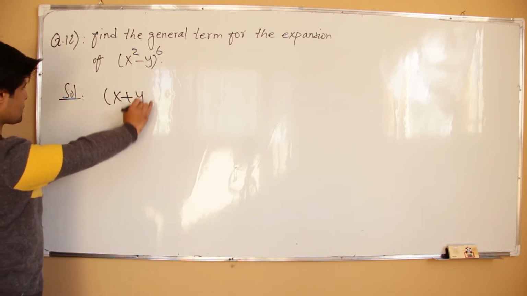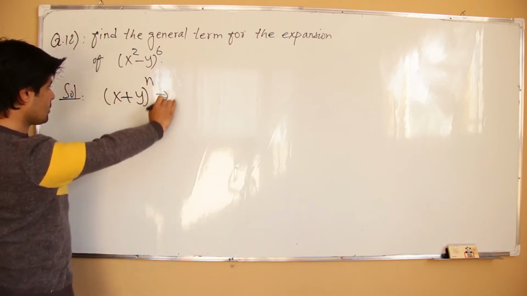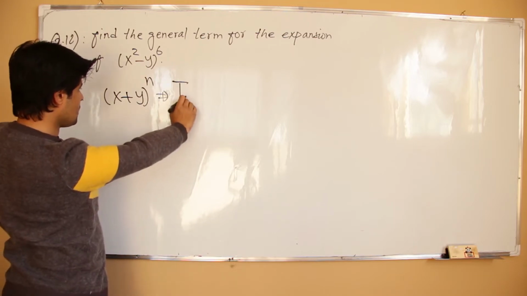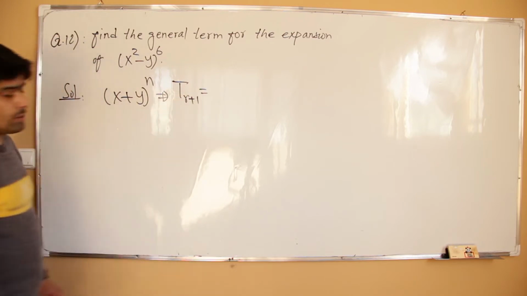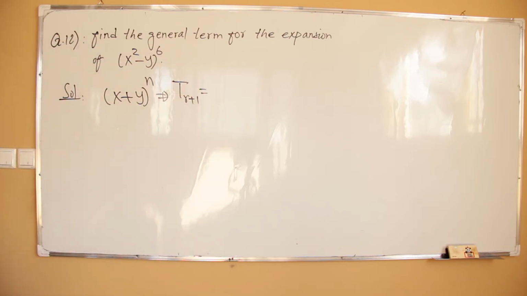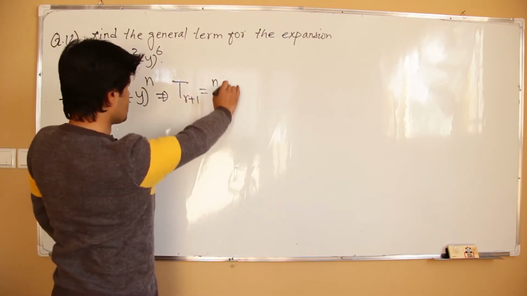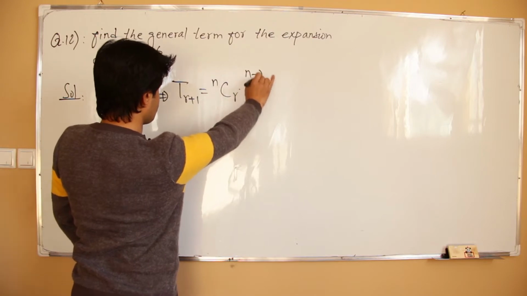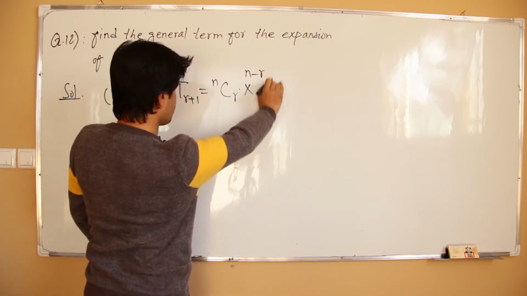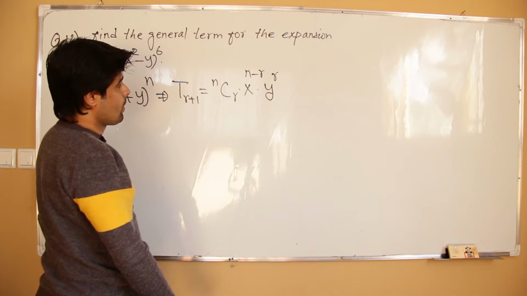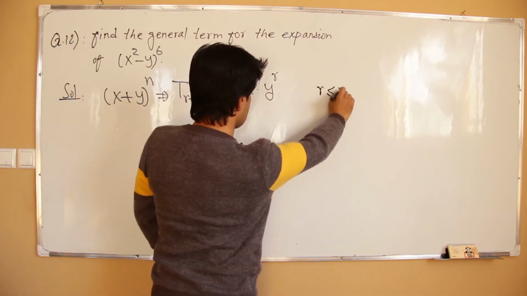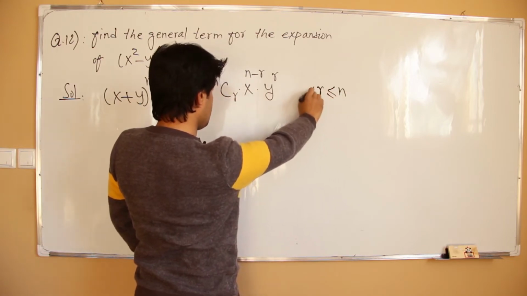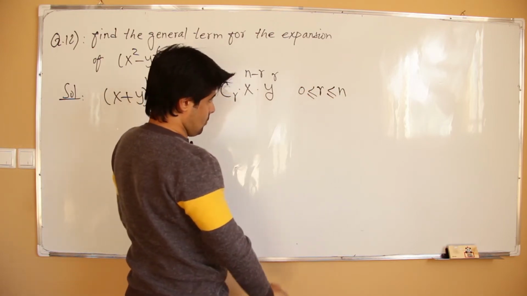If we define x plus y raised to the power n, the general term for this one is T r plus 1, which is equal to n C r, x to the power n minus r times y raised to the power r. And in this one, r is smaller than or equal to n and greater than or equal to 0.